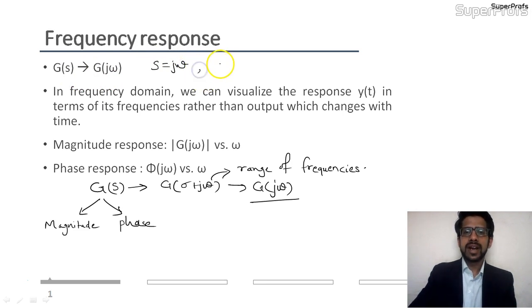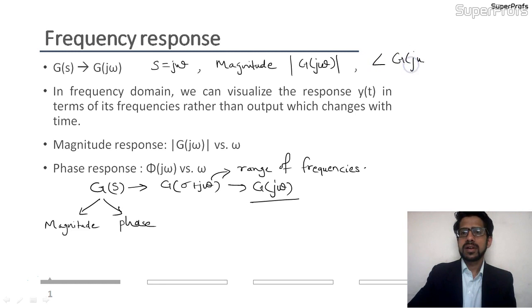And to find out magnitude, you will just have to calculate the magnitude of the function G(j omega), and to calculate phase you will just have to calculate the combined angle of G(j omega).